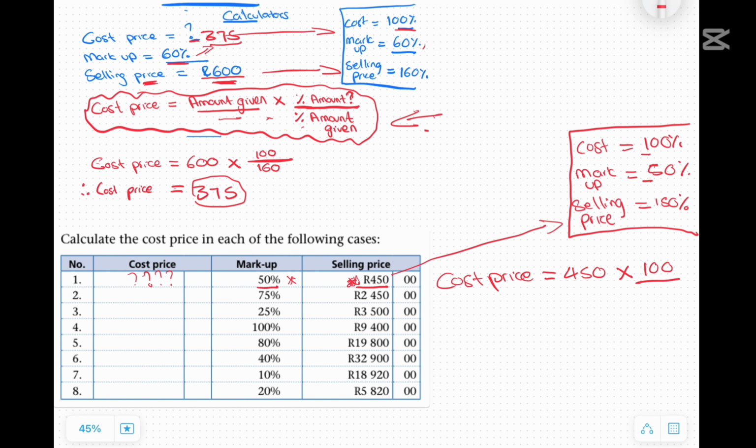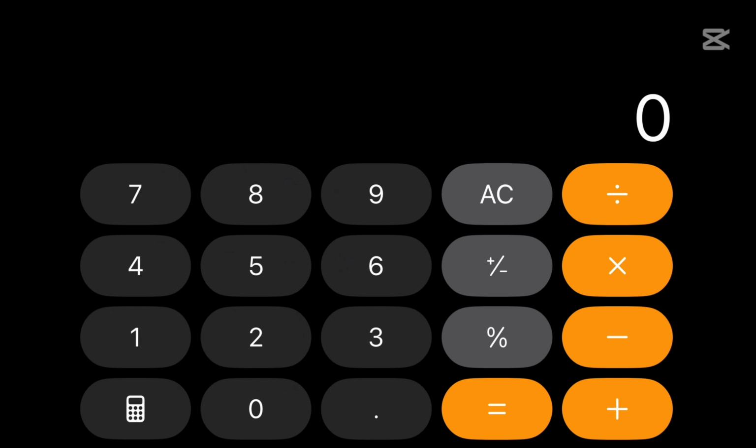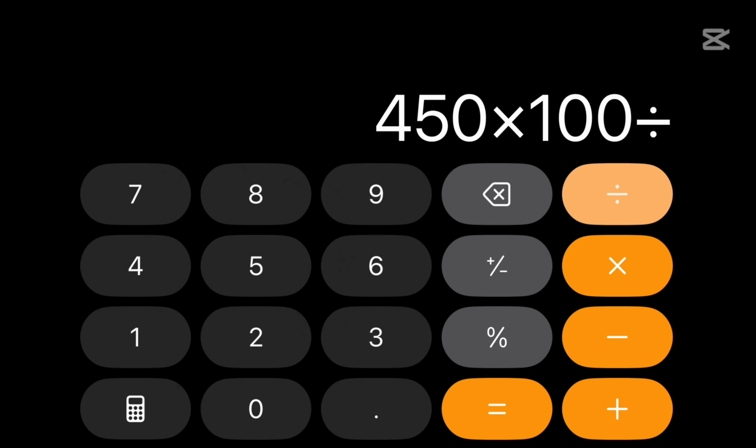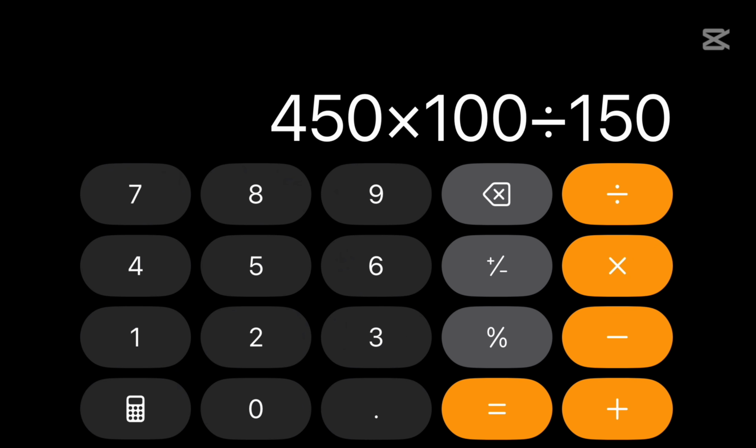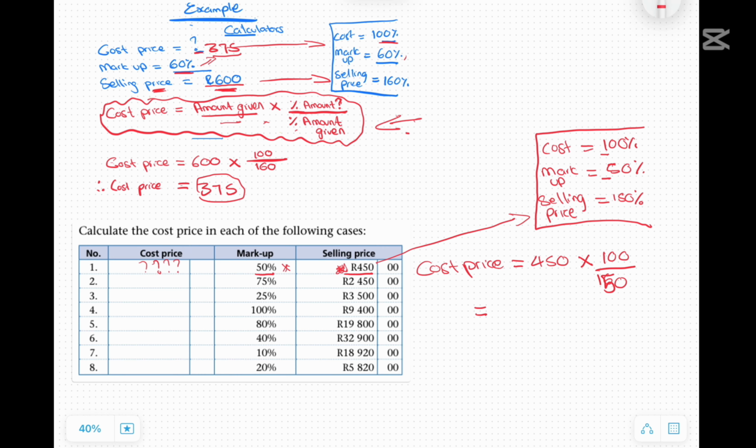The percentage of the selling price is 150. Okay, sorry for that. You go into your calculator, you put it in. So it's 450 multiplied by 100 divided by 150. So now it means 300 is your cost price.